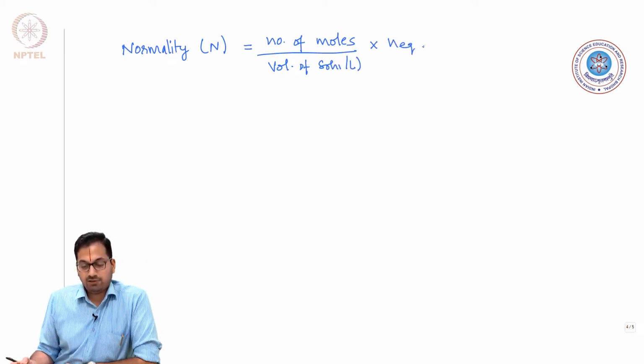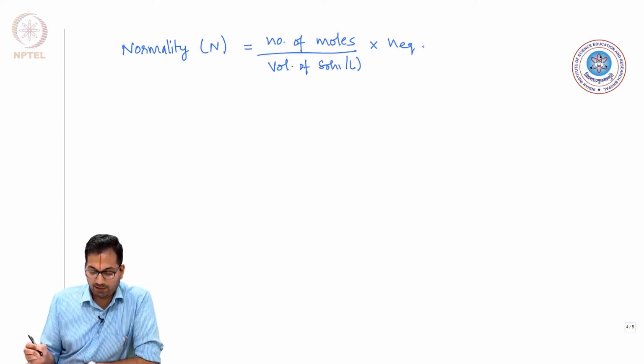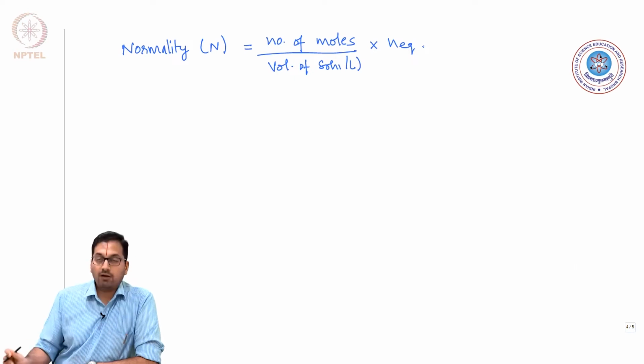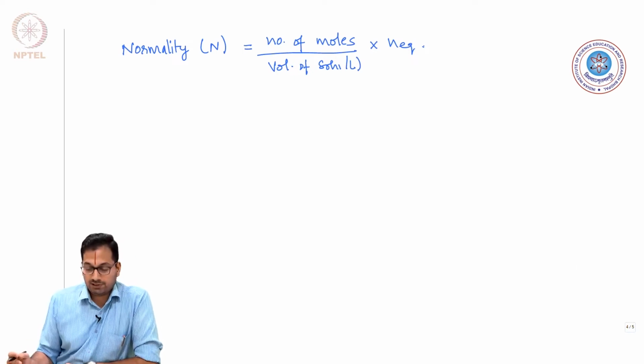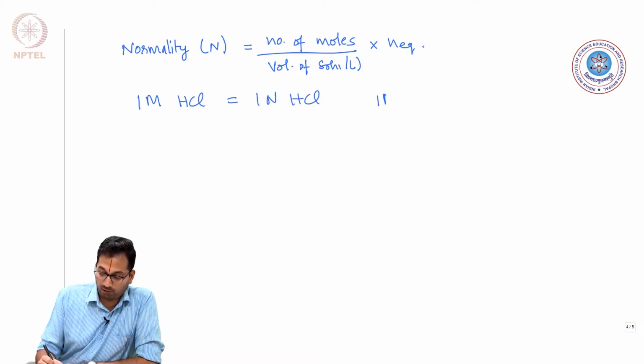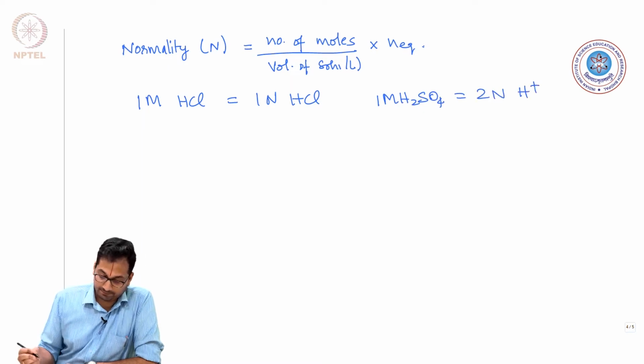So the major difference you see here, unlike molarity, is that you have yet another term, the number of equivalents. As we just saw, for HCl and H2SO4, the number of equivalents are different from each other. So, for instance, for such a neutralization reaction, a 1 molar HCl solution is 1 normal HCl. On the other hand, a 1 molar H2SO4 solution is 2 normal in H plus ions.